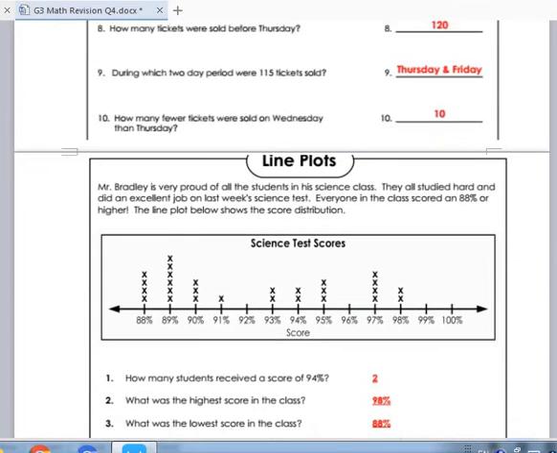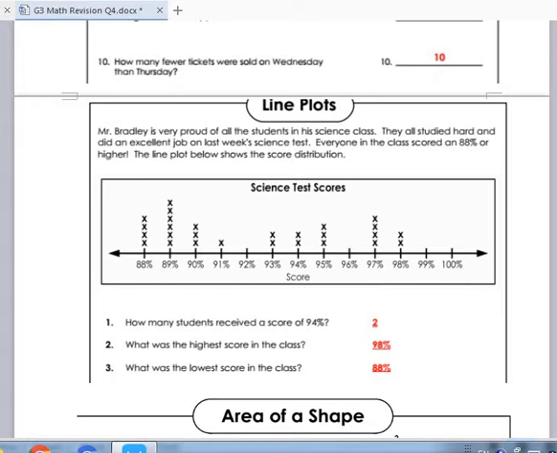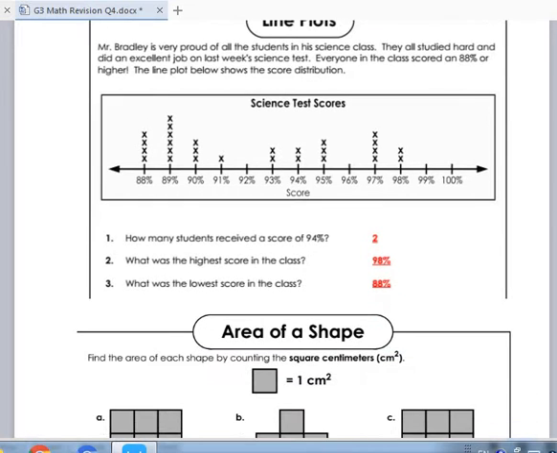Line plot. We have also taken the lesson of line plot. Do you remember? Mr. Bradley is very proud of all the students in his science class. They all studied hard and did an excellent job on last week's science test. Everyone in the class scored 88% or higher. The line plot below shows the score distribution.